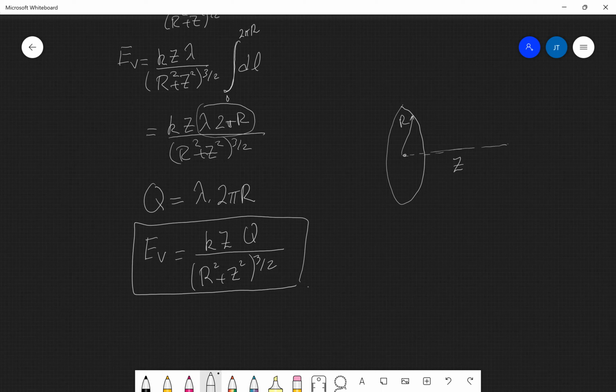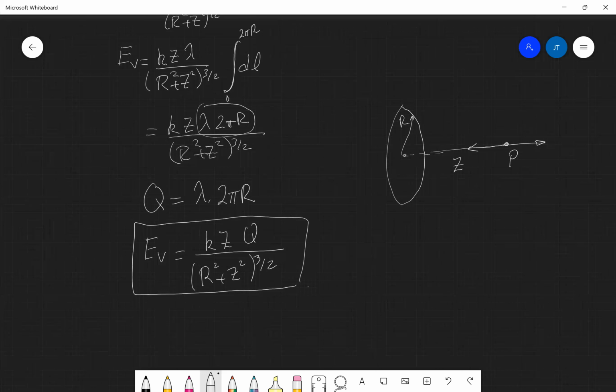Here's point P. This will have the same magnitude, the same quantity, but it will be directed to the right. And if the charge on it is negative, the electric field will be to the left. But the magnitude is here. And this z is the distance along the axis of the ring, above the plane of the ring.